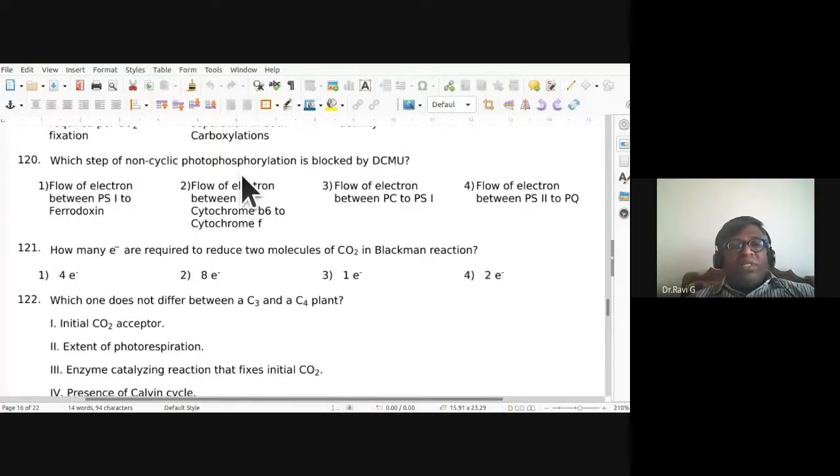Which step of non-cyclic photophosphorylation is blocked by DCMU? Is it the flow of electron between PS1 to ferredoxin, or between cytochrome B6 to cytochrome F, or between plastocyanin PC to PS1, or between PS2 to PQ?